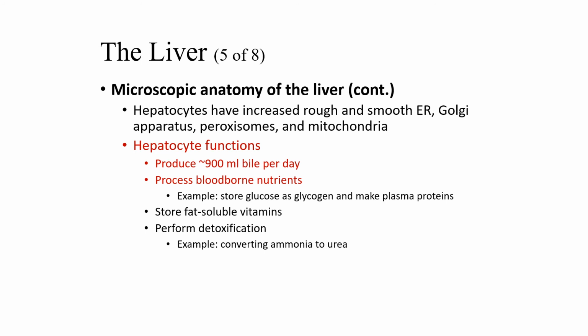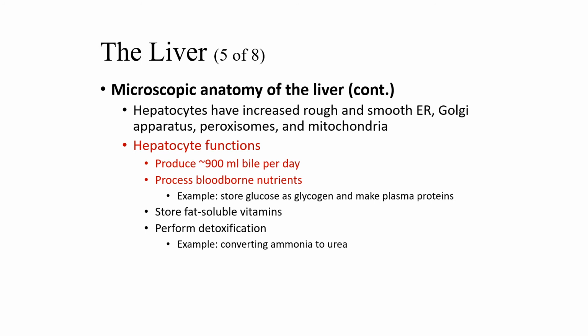Your body produces about 900 milliliters of bile per day. The liver processes all the nutrients. It can store glucose as glycogen. It can make plasma membranes. It can make bilirubin.